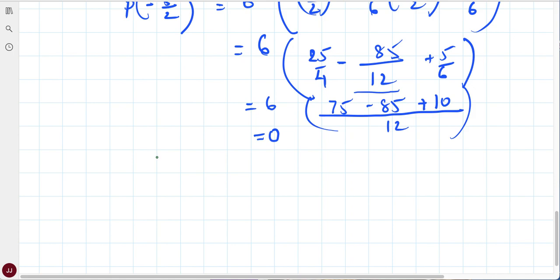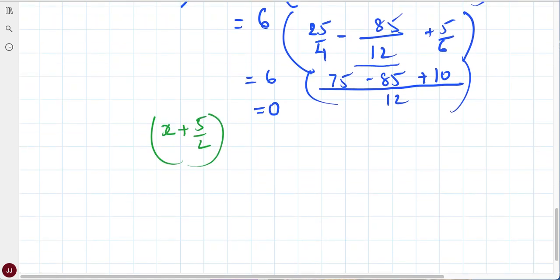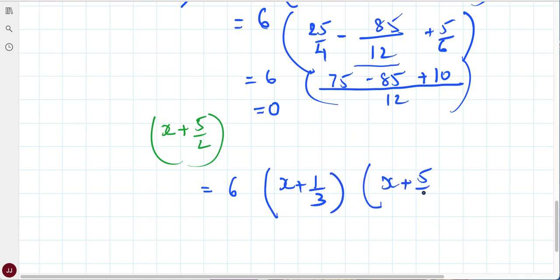So minus 5 by 2 is a factor, so we can write x plus 5 by 2 is a factor. Okay, so the given equation is factorized, so it reduces to p of x is 6 into the first term x plus 1 by 3 into the second term x plus 5 by 2.